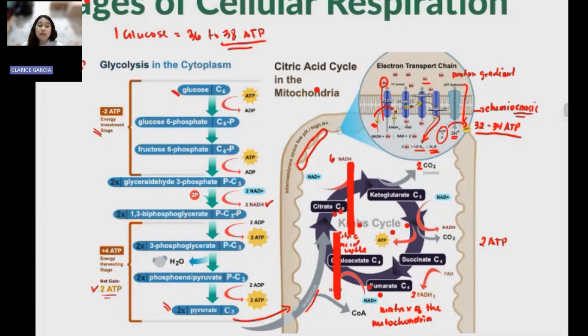However, 38 ATP is a theoretical yield, the number produced in a series of chemical reactions. This doesn't happen in real life because ATP is reused and used in other parts of the metabolic processes, so we cannot get the exact number of 38 ATP. In real life, one glucose will give you 32 to 36 ATP.